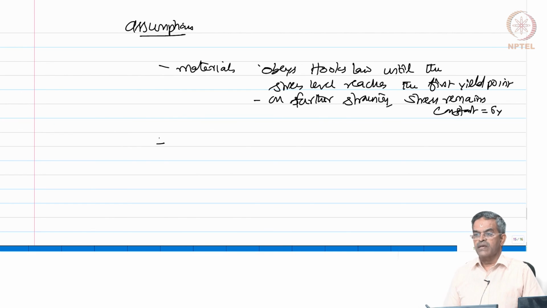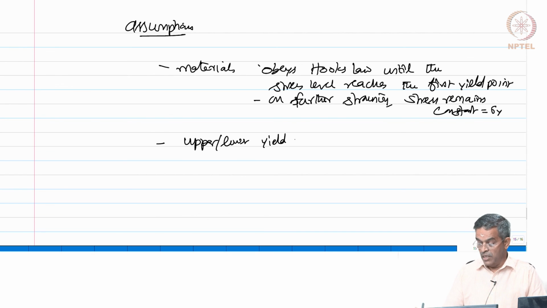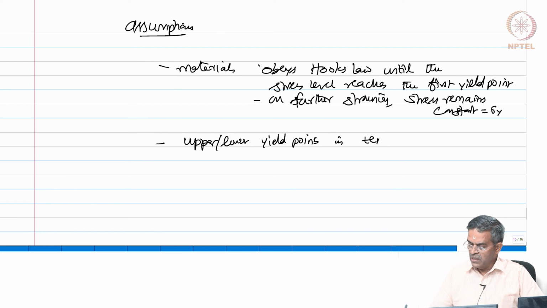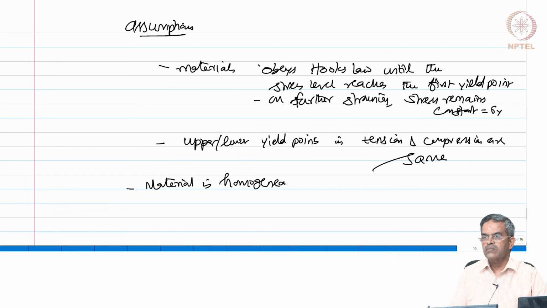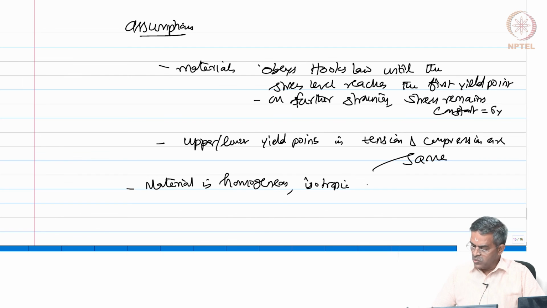The second assumption we make is that the upper and lower yield points, if shown in the stress strain curve, both in tension and compression, are the same. Then the material is homogeneous, isotropic in both elastic and plastic states.